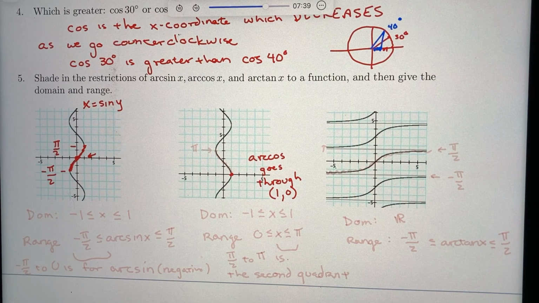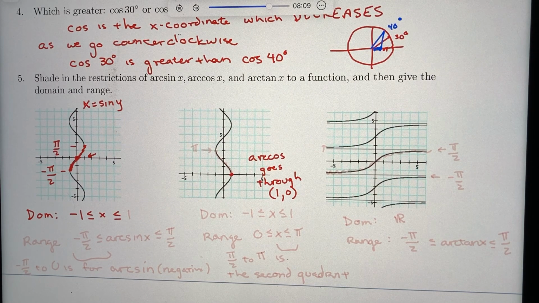So if you remember from the previous set of notes and problem sets, the range goes from negative pi over 2 to pi over 2. Negative pi over 2 to 0 is the arc sine when we have a negative input. So let's break this all down. The range for regular sine is negative 1 to 1.